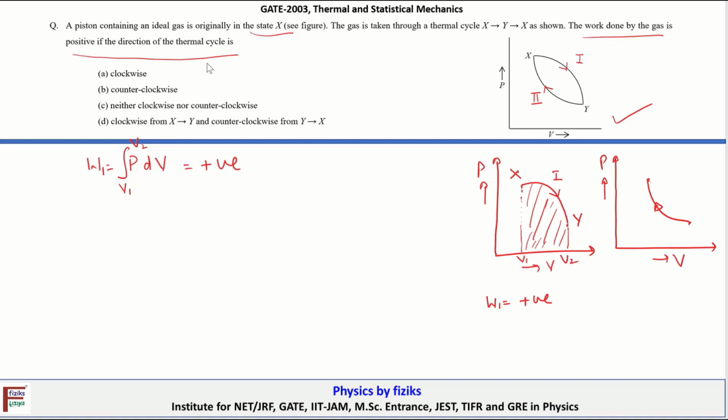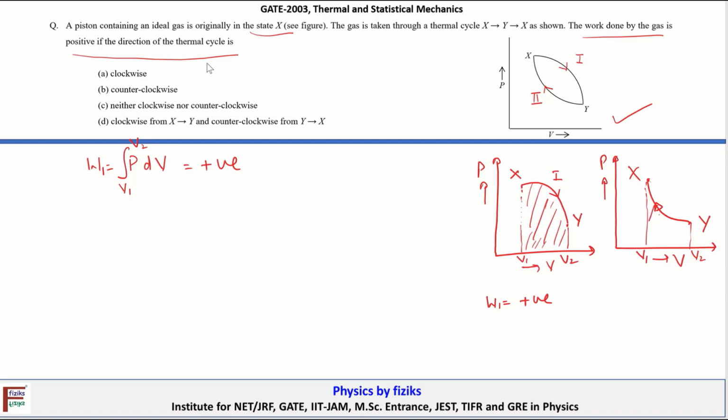Okay, now let's try to understand when the process moves from state point Y to point X again by following this path. In this case the volume of the system reduces from V2 to V1, where V1 is smaller than V2.